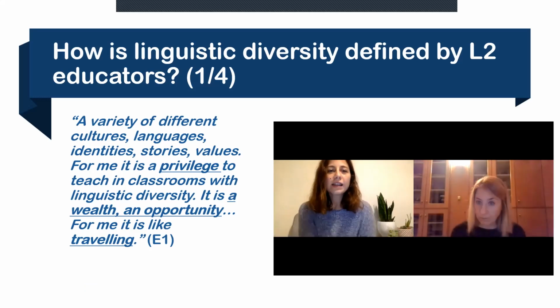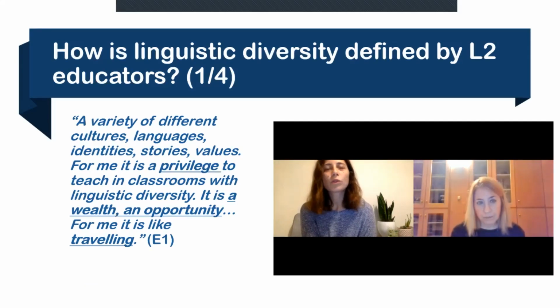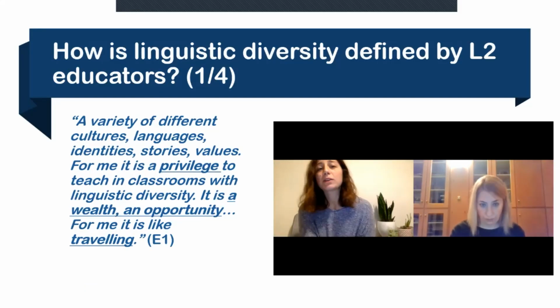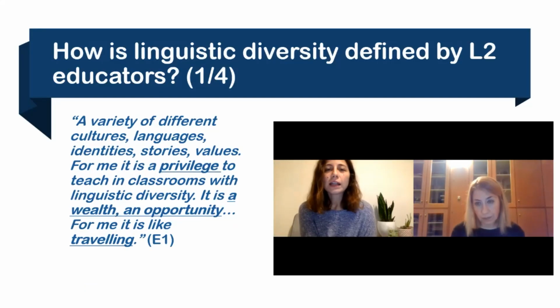Well, the way I see it, linguistic diversity is more than a mix of different languages. It is a variety of different cultures, different identities, I'd say different stories or different values.